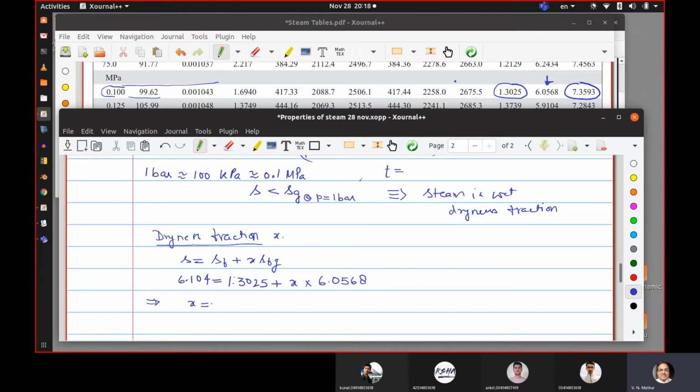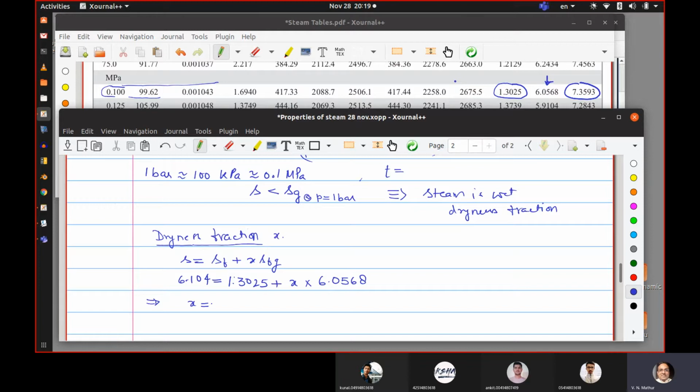So X comes out to be 6.104 minus 1.3025, the numerator is 4.8015, divided by 6.0568. That gives 0.7927.